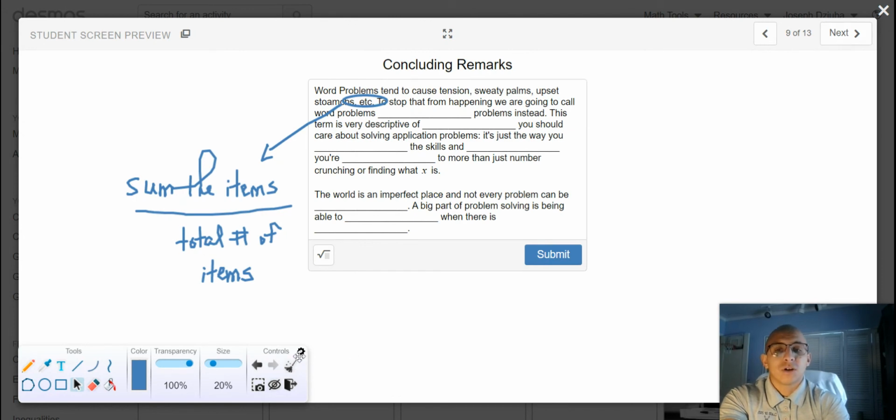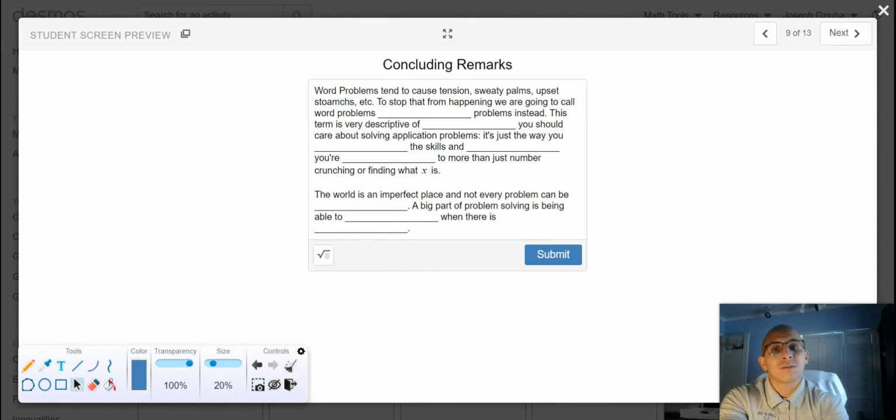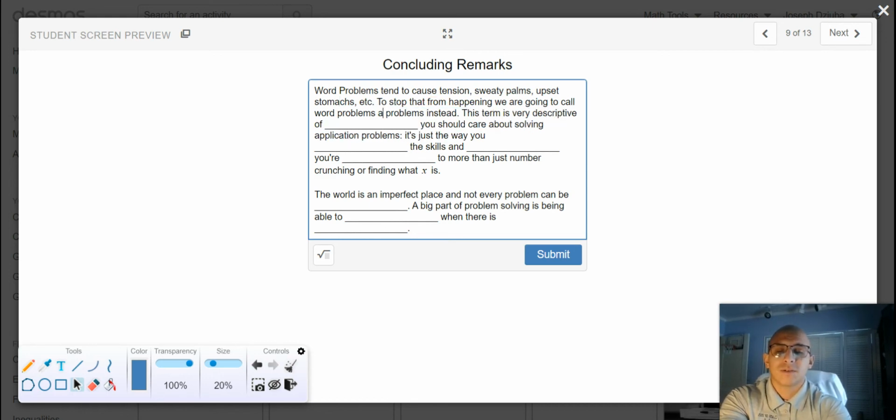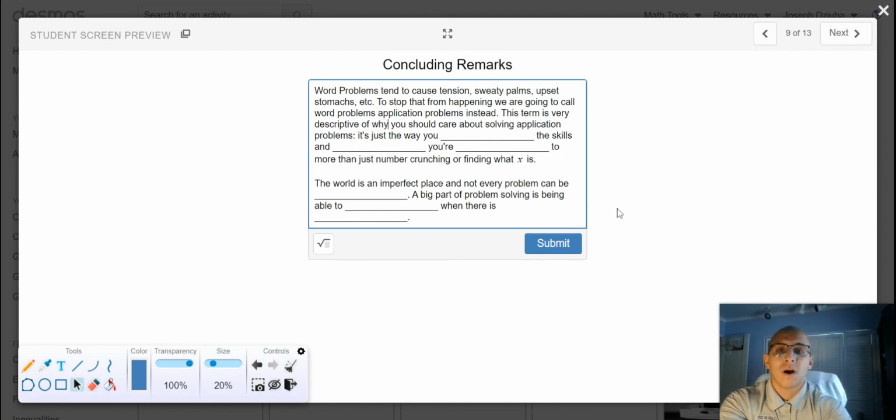And some concluding remarks. Word problems tend to cause tension, sweaty palms, upset stomachs, etc. To stop that from happening, we're going to call word problems application problems instead. This term is very descriptive of why you should care about solving application problems.